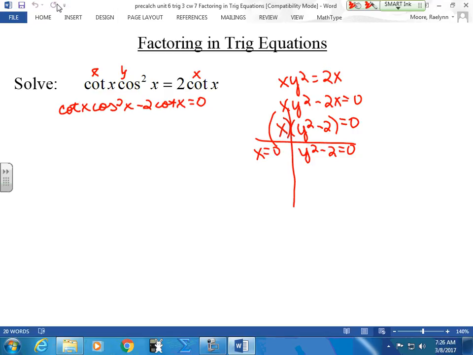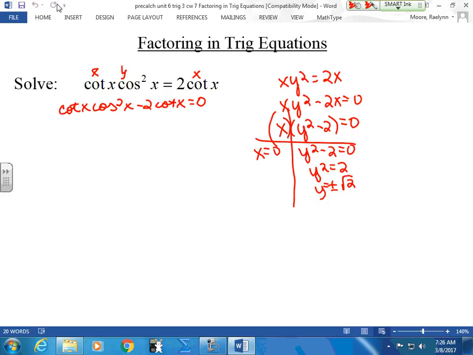I can add 2, take the square root, so let's just add 2 first. Take the square root. Remember, you're going to get a plus and a minus. Okay. So how many solutions do you see? 3. So I have 2 here, 1 here. Okay. And I could plug those in algebraically and make sure they work.